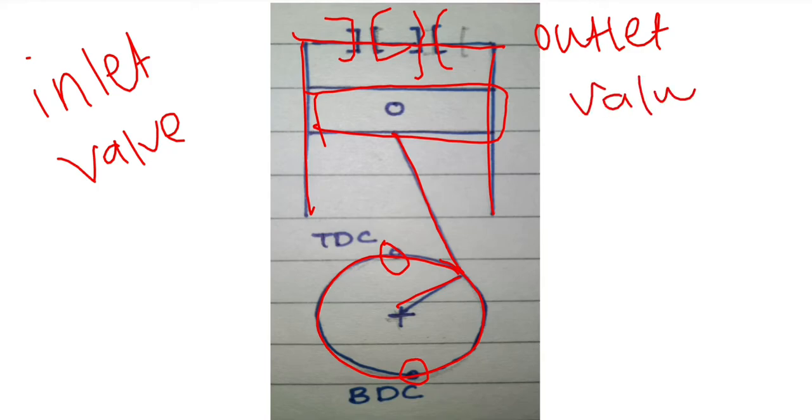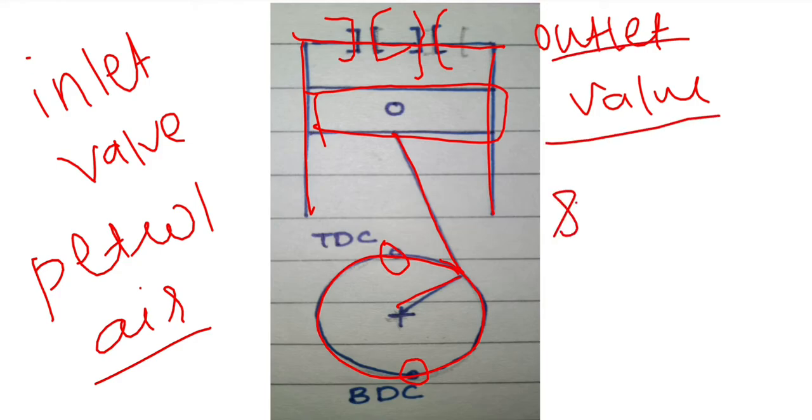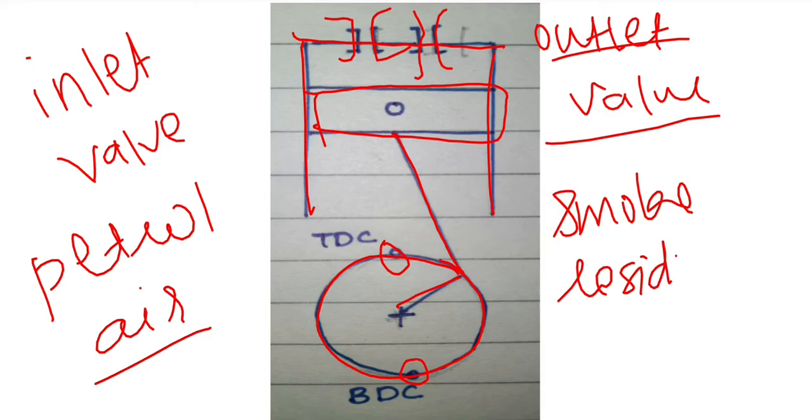From the inlet valve, the petrol-air mixture enters the cylinder. And from the outlet valve, the smoke and the residues of the fuel remaining after the combustion are expelled.